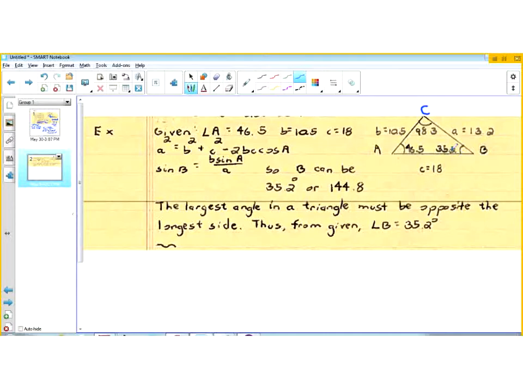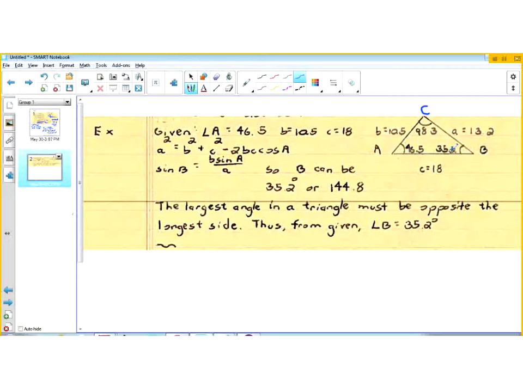So 35.2. I'm not sure what's going on with this example. Let me check the text. This problem doesn't make any sense. Oh, okay, so they're finding the length of side A using the law of cosines.